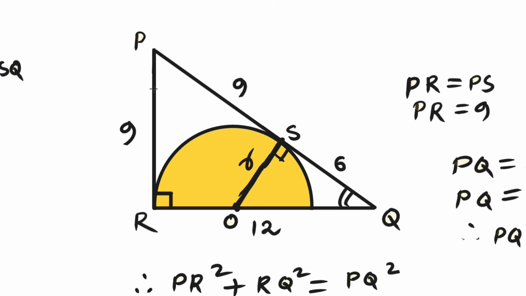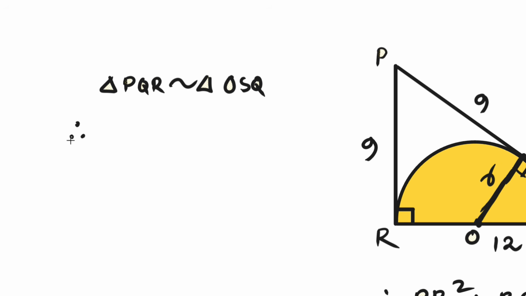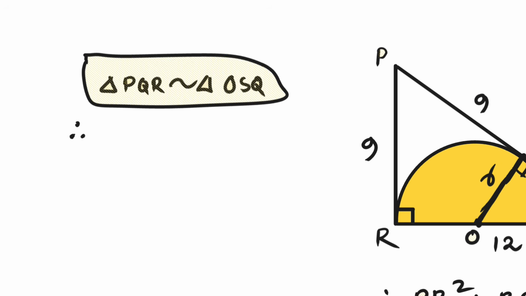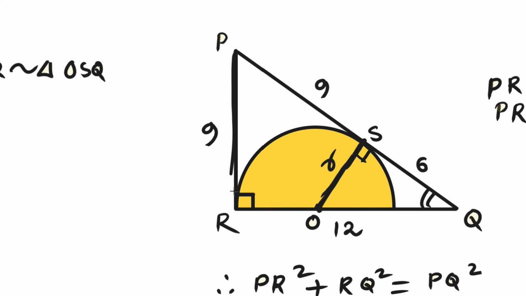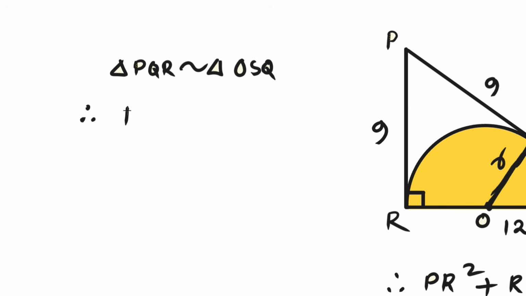In the large triangle, the corresponding vertical leg is PR, which has length 9, and the corresponding horizontal leg is RQ, which has length 12. Therefore, from the similarity of the triangles, the ratio of the corresponding vertical sides equals the ratio of the corresponding horizontal sides. So we can write R divided by 9 equals 6 divided by 12.